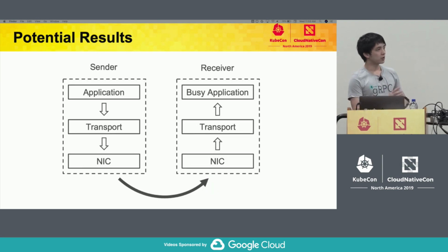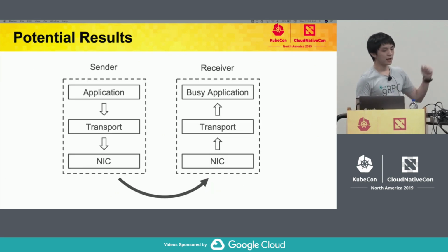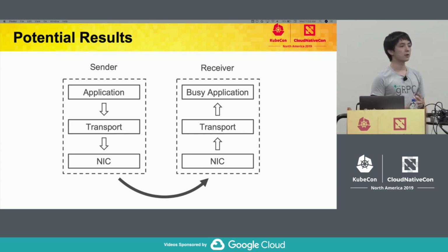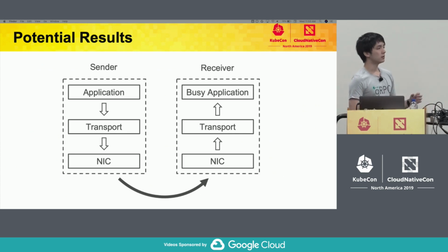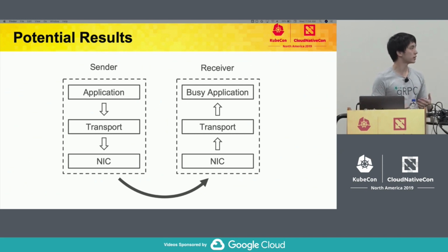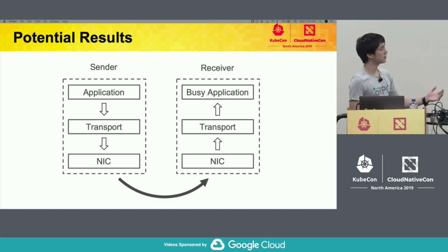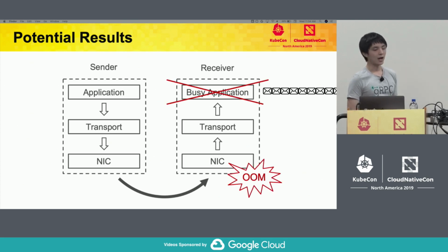To better demonstrate the effect, I drew this diagram. Imagine you have a busy application. You can see it as a database node or a machine learning worker that is doing some heavy lifting work and cannot keep up with the sender. What will happen is the messages will be buffered up in the busy application until it's out of memory.